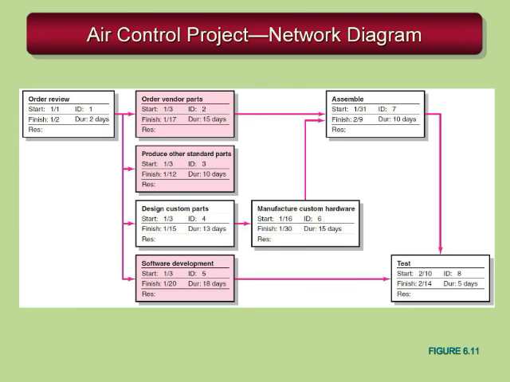Let's take a look at another example. Now, these examples are more paralleling the output you see in Microsoft Project 2007. In fact, this is the project network here for this air control project, and I think you have a similar project in the video examples. You can see the start date, the finish date, the duration, the ID.